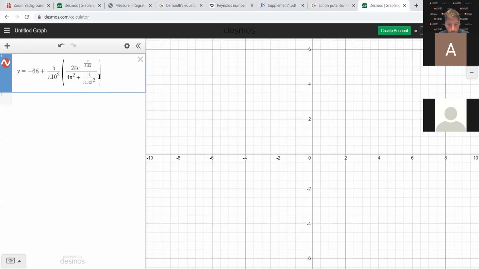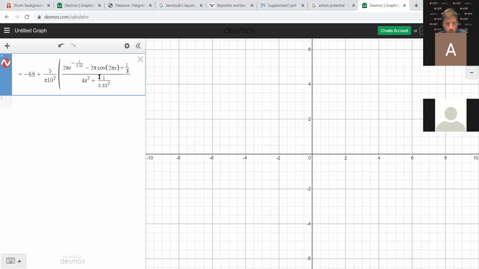Yikes. And it was minus 2 pi. I guess we could have pulled these 2 pi. Oh no, because there's not a 2 pi in the third term. So 2 pi, and then it was cos 2 pi variable, and then plus 1 over 3.33, and then it was sine of 2 pi variable.